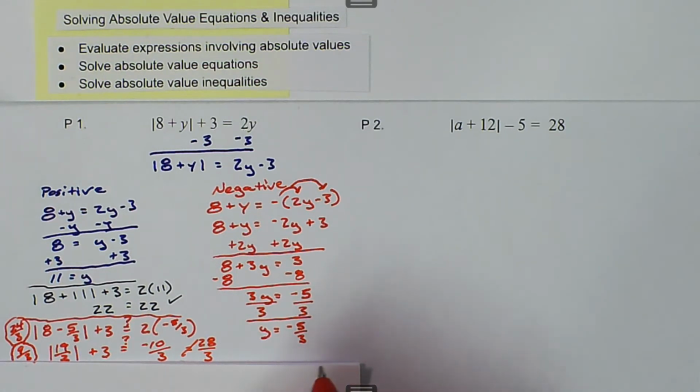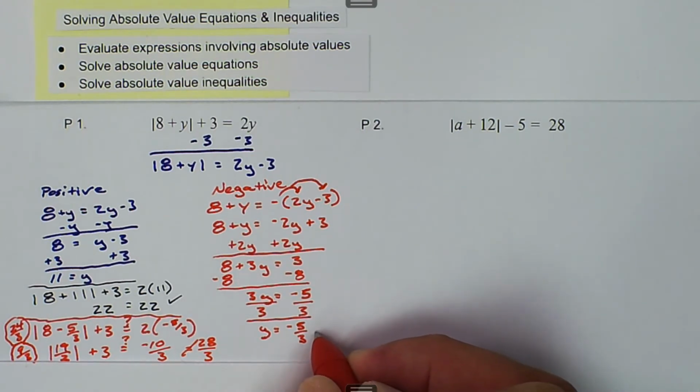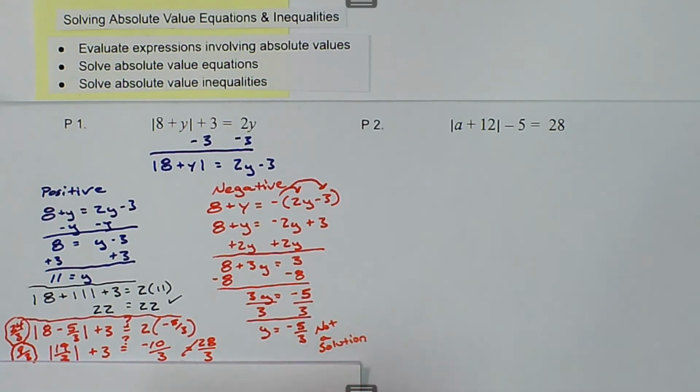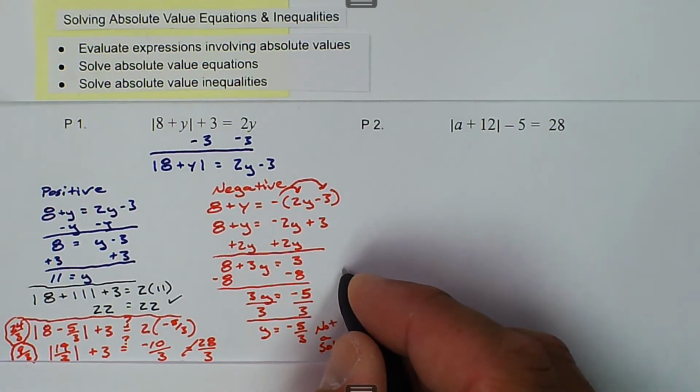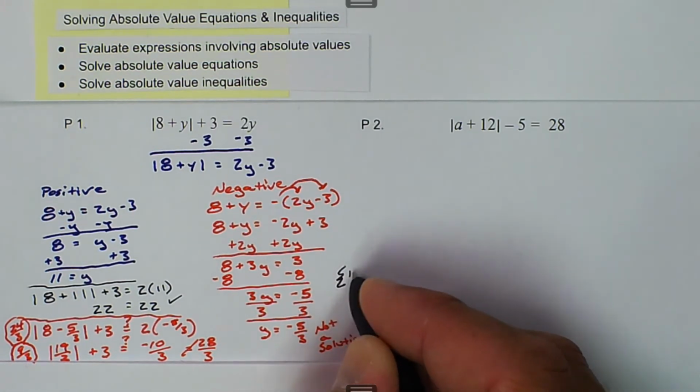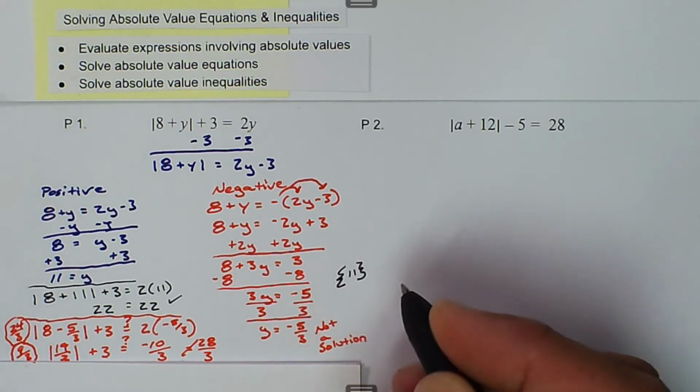And so negative 5 thirds is not a solution. So the only solution for this equation will be the set containing just 11.